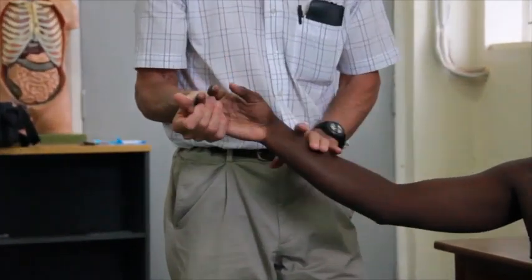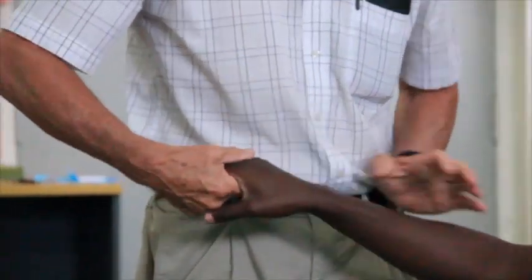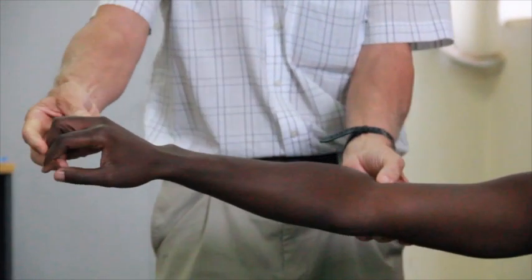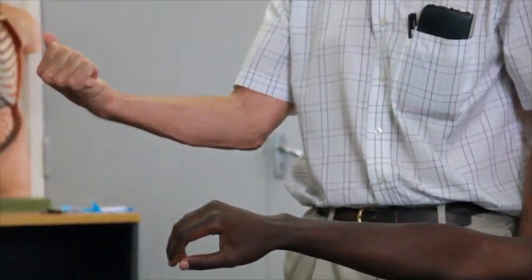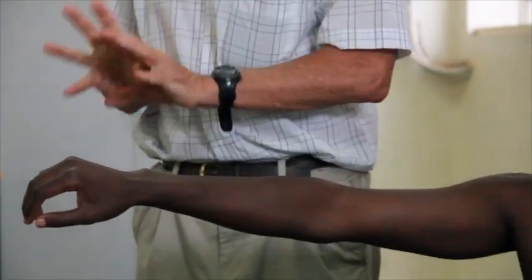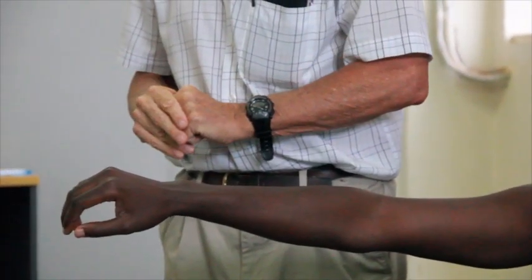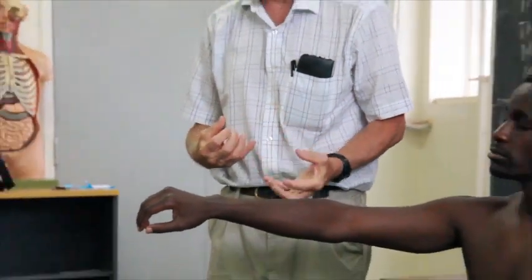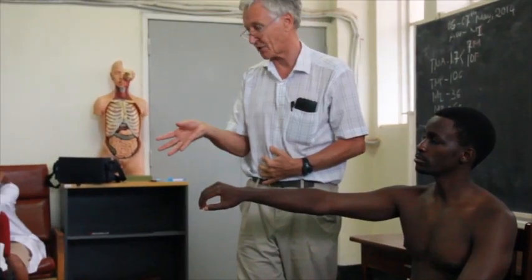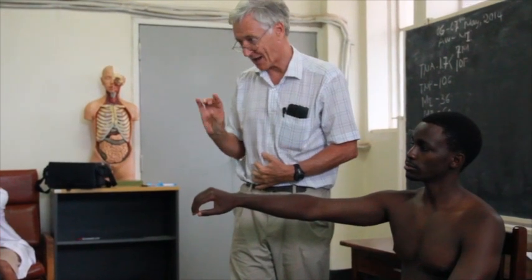Coming up to the elbow, you're looking for any deformity in position, because there already may be a flexion deformity. At the elbow, you may not see much swelling, because the synovium there is deep, and it's an area where you tend to see the deformity before the swelling.